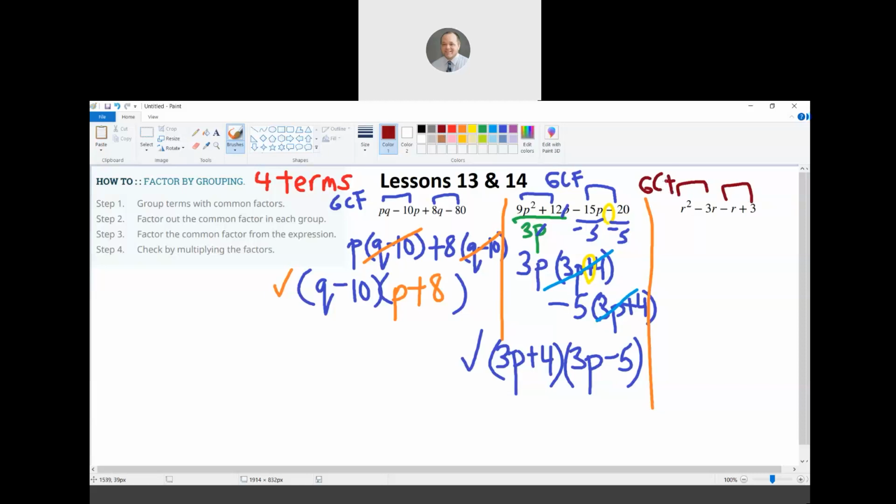Group the first 2 terms and the last 2 terms and pull out each GCF. Starting with the first pair of terms, the only thing we can pull out is just an R. So when we take an R out of each of the first 2 terms, what remains is R minus 3.